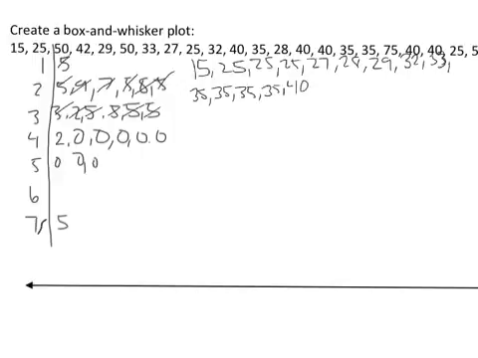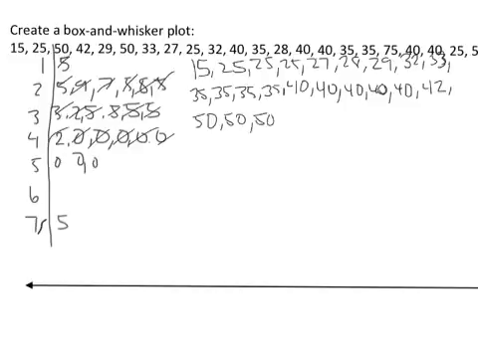Now that's a lot of 40s. And then we have a 42. And then we have 3 50s. Then lastly, we have a 75. So there's all my numbers right there.